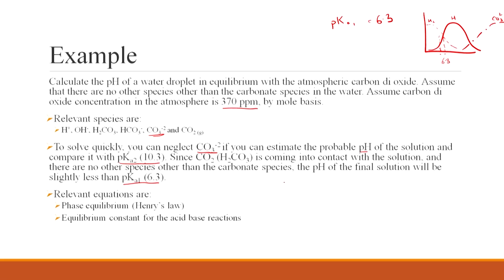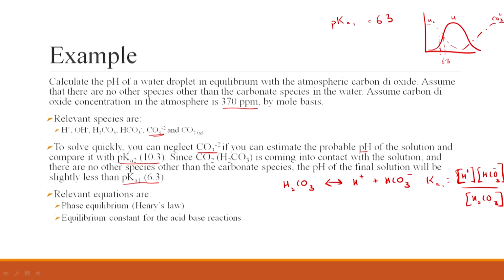With respect to the equations, H2CO3 dissociating into H plus and the conjugate base HCO3 minus, we have Ka1, 10 to the power minus 6.3, which is equal to the activity, or in this case I am going to go with H plus directly, the concentration of H plus times the concentration of HCO3 minus divided by the concentration of H2CO3.